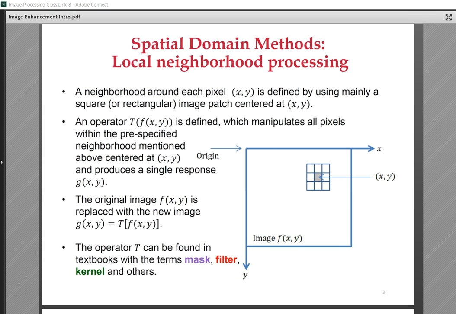The goal of image enhancement is to process an image so that the resulting image is more suitable than the original image for a specific application, for example, image edge detection.